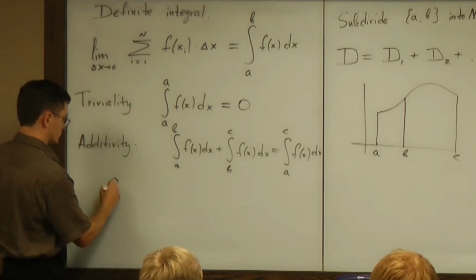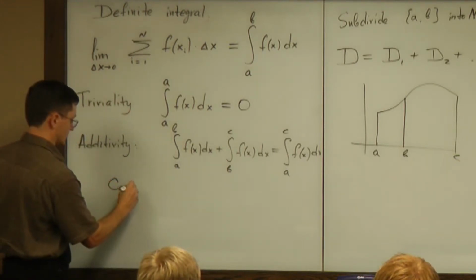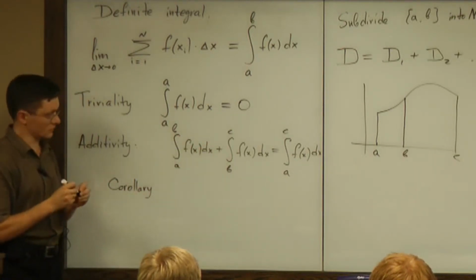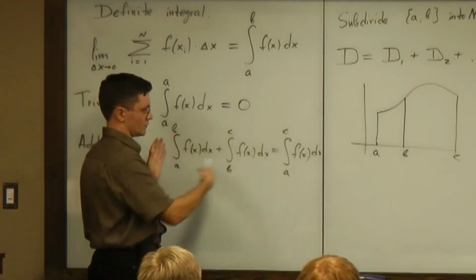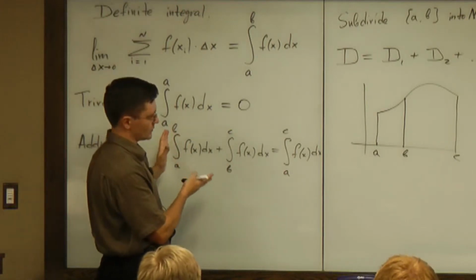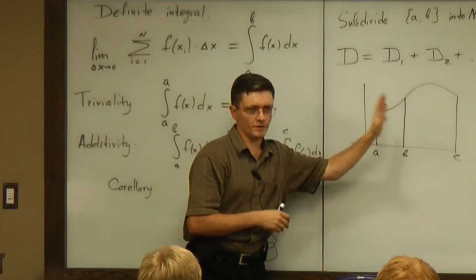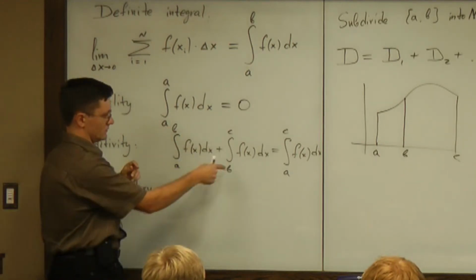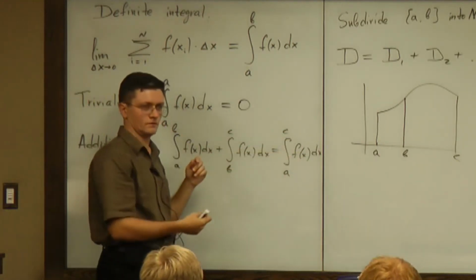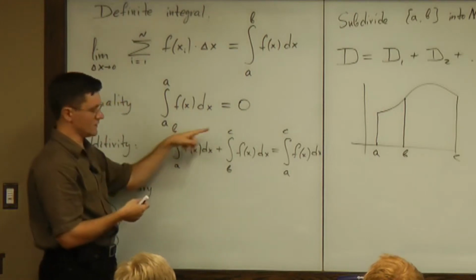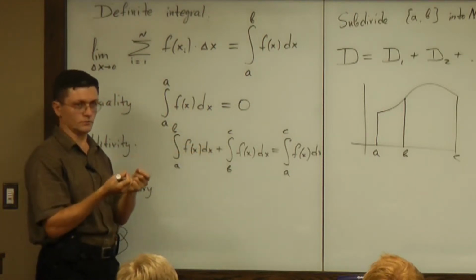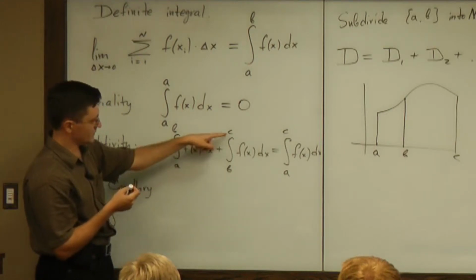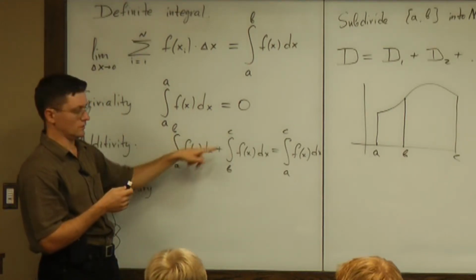And it's called corollary of this property. Because now, if I look at this property, and by looking at this property, I forget about either area or velocity, I look at this property abstractly, right? So this is some number plus another number equals another number. What are A, B, C? A, B, C are also numbers, right? Now, what if I make C equal to A in this formula?